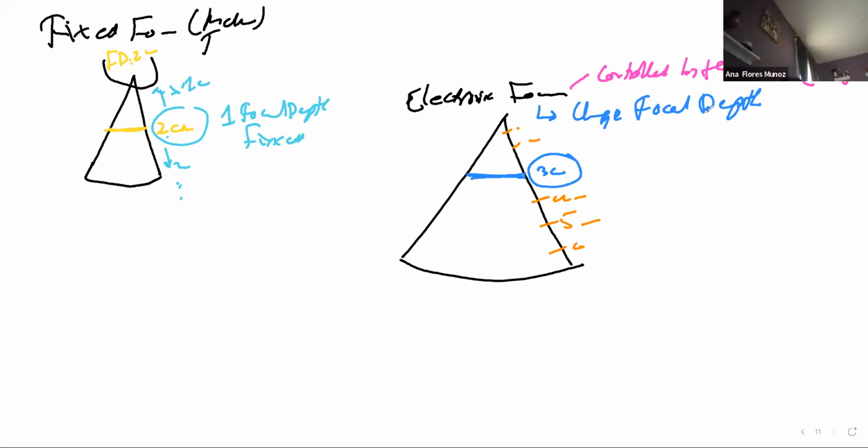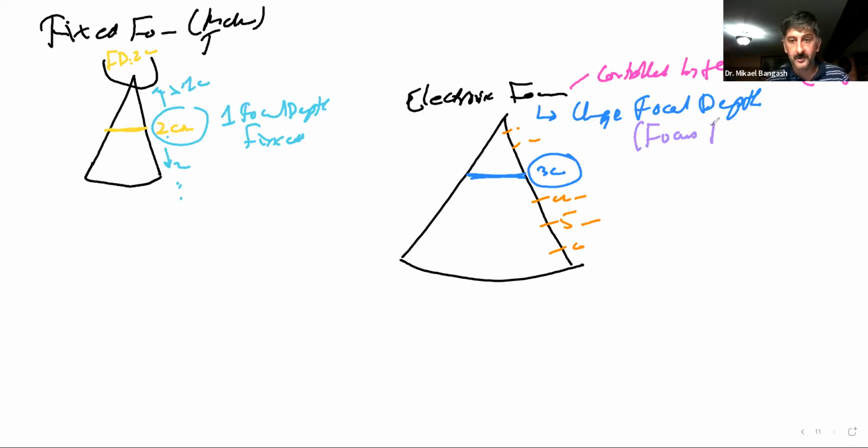On your system, this change of focal depth, we can say is done by changing what we call the focus position.